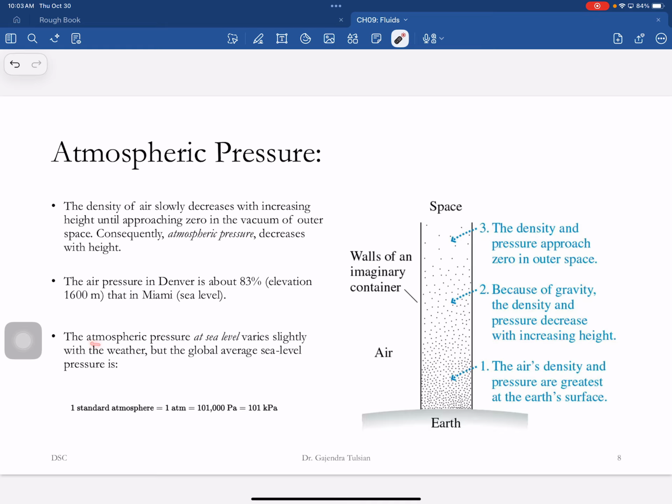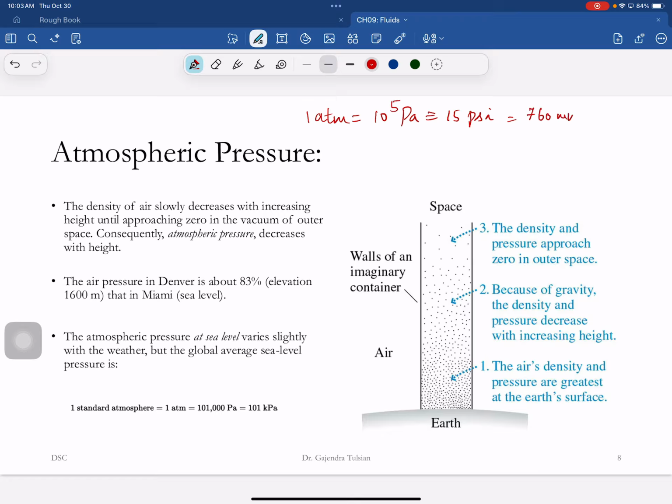So one standard atmosphere is 100,000 pascals. Here are the various units for pressure. 1 atmosphere is 100,000 pascals. It's also about 15 psi and 760 millimeters of mercury. In the healthcare field, you measure all your pressures in millimeters of mercury.